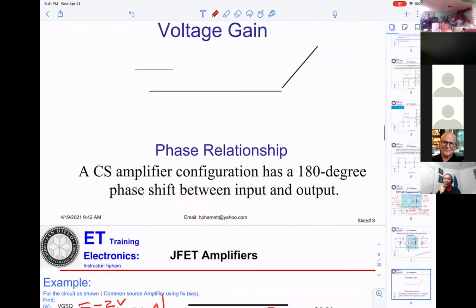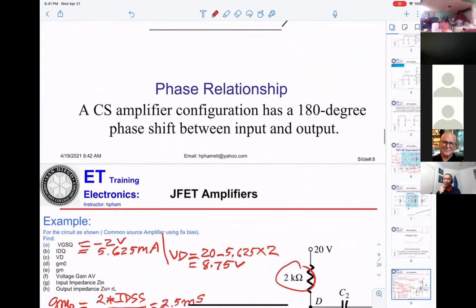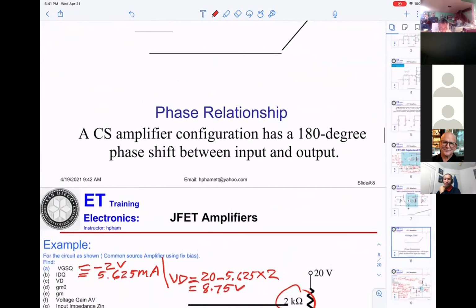Okay, and phase relation. The common source amplifier configuration has a 180 degree phase shift between input and output. When you're doing the lab, they display input and output and ask for the phase, in phase or out of phase, or whether it shifts to the right.